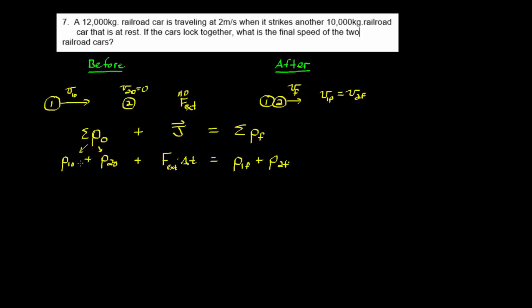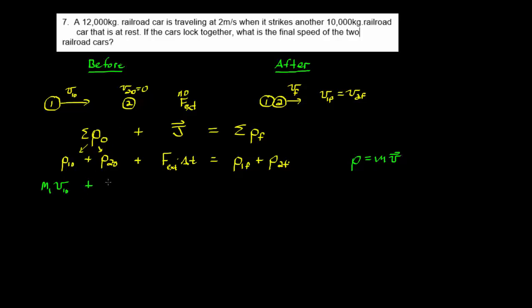Okay, so now we can go back to our picture and we're going to think about what's going on. So momentum 1. Remember that momentum is mass times velocity. So for momentum of 1, this one has velocity. So it's going to be mass 1 times v1 naught. And then momentum 2, well, momentum 2 has a 0 velocity.